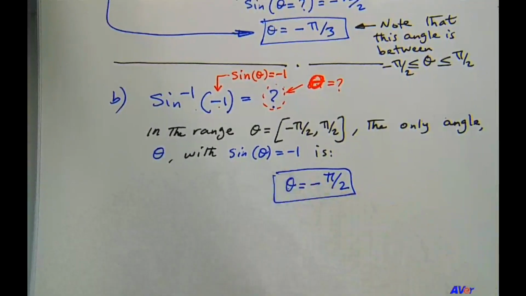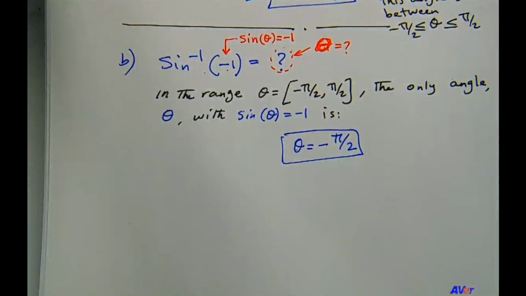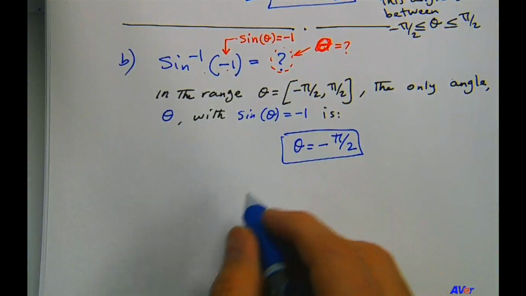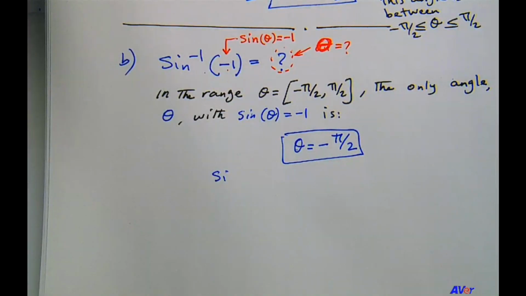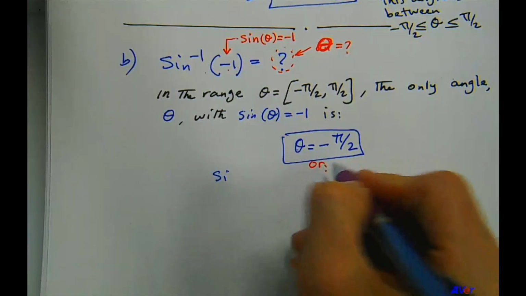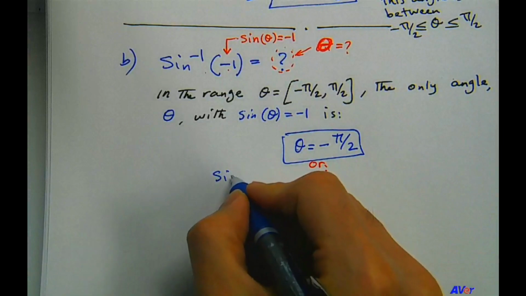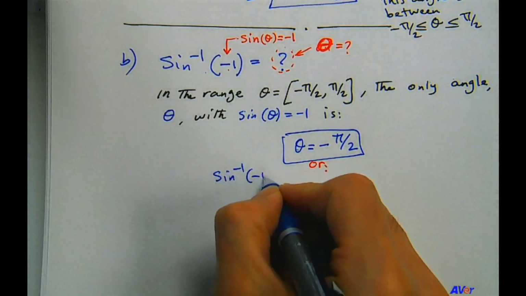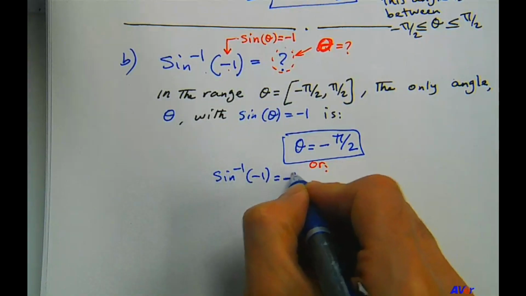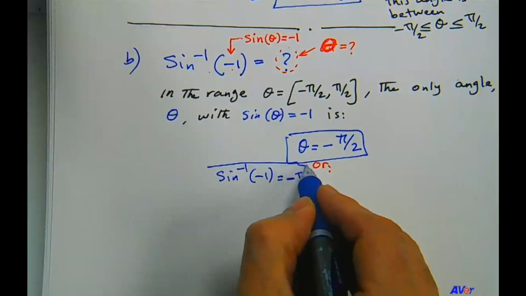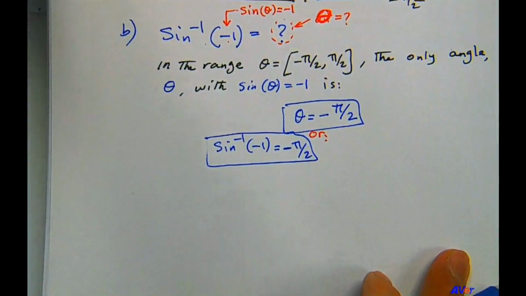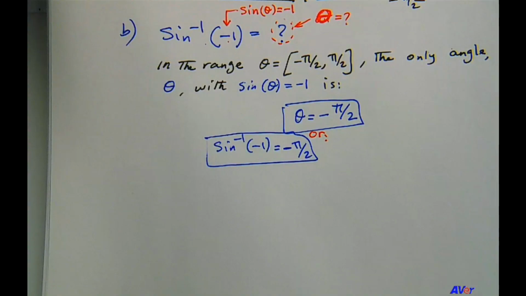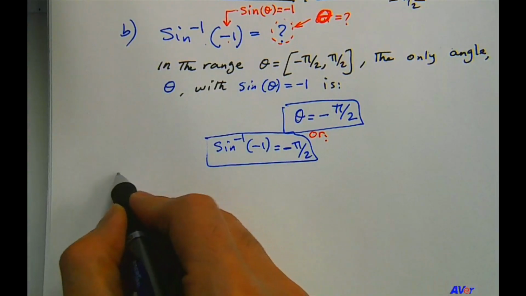So you can write the answer like that, or you can say inverse sine of -1 equals -π/2. Whichever way you prefer is fine. Okay. Let's do another example before we go to the cosine function.